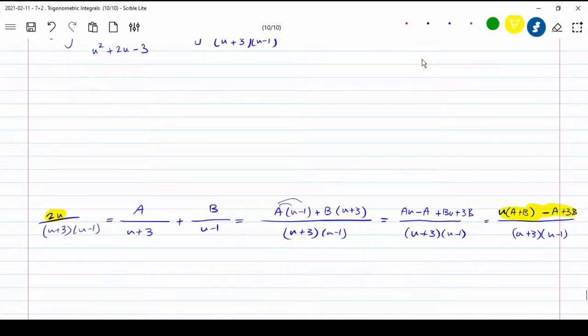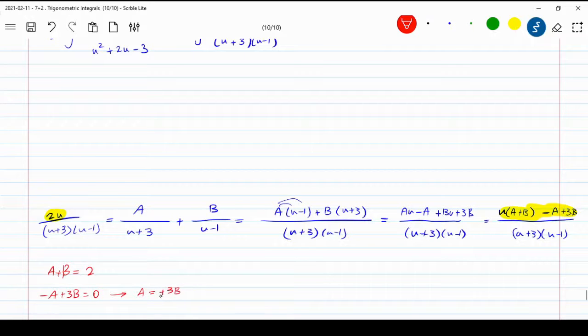Okay, so what do I get? Can I find a and b? Since the left side is 2u, the right side should contain 2u as well. So a plus b must equal 2. And negative a plus 3b must be 0 because there is no constant on the left side. So here you can say that a equals negative 3b, sorry, positive 3b.